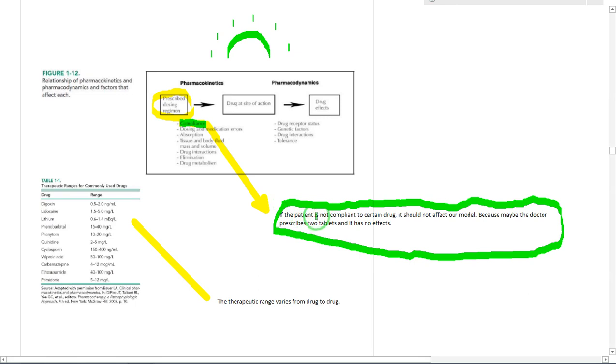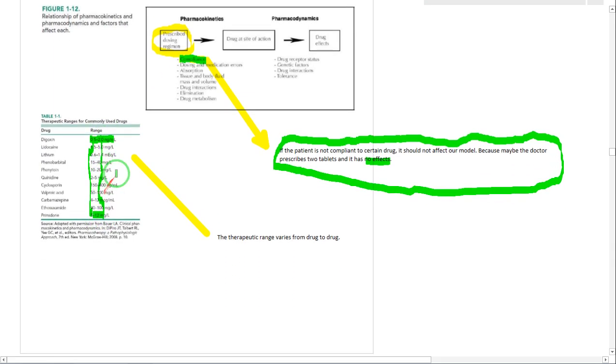So this compliance should not affect our model because simply a patient doesn't show any, let's say, response to that type of drug that has been prescribed. Well, in this table you see the therapeutic range for different drugs. I mean, the range at which they start to have the minimum efficacy until the maximum efficacy before they show the toxic effects.